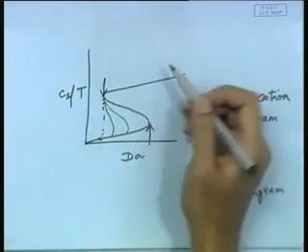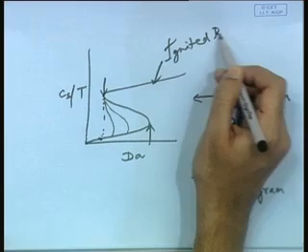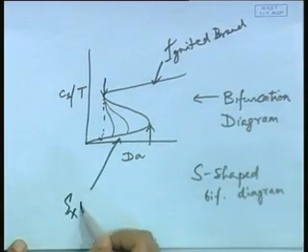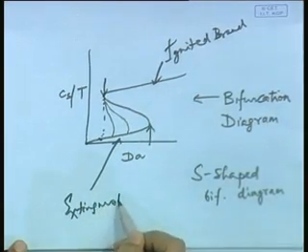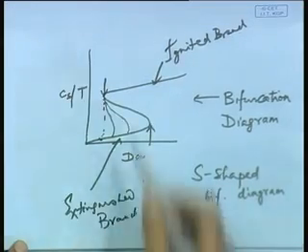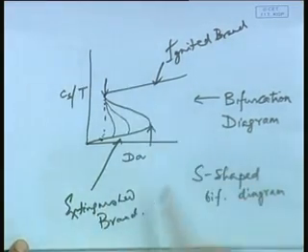The top branch is the ignited branch, and the bottom branch is the extinguished branch. So the point of ignition is the point where the top branch starts. Now, mathematically, would you know what these 2 points are called?